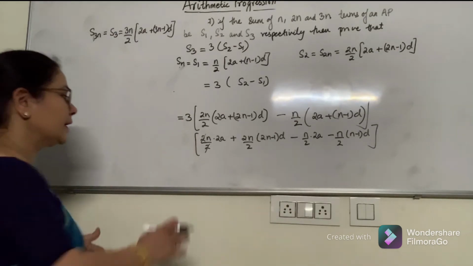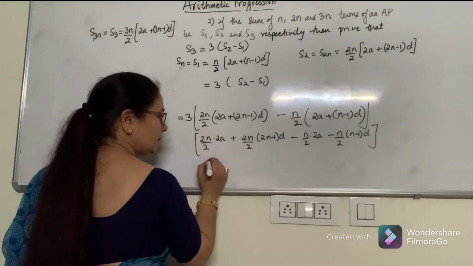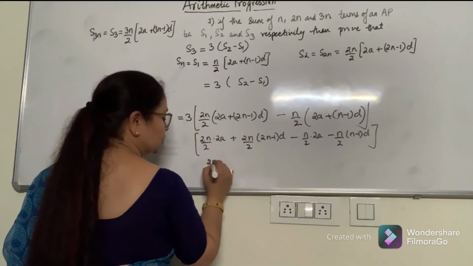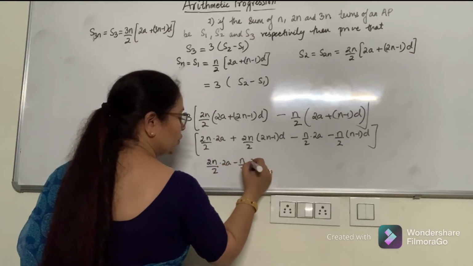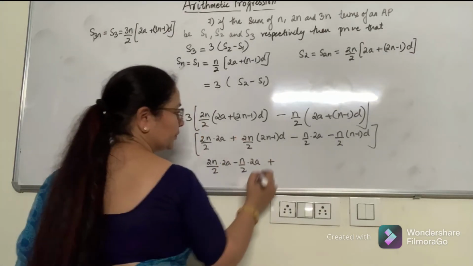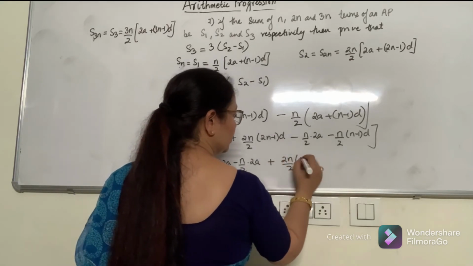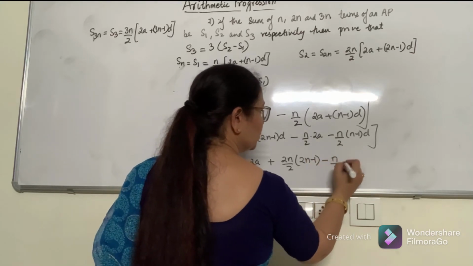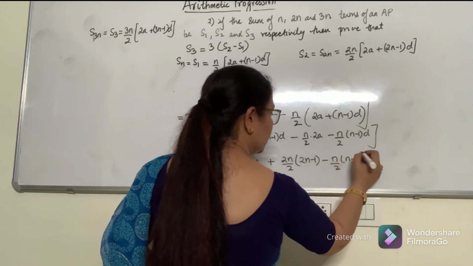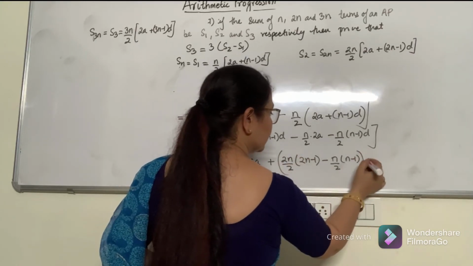Or if I don't cancel also, I can write it like this: 2n by 2 2a minus n by 2 dot 2a plus 2n by 2 2n minus 1 minus n by 2 n minus 1, and then I can put all of this in a bracket again, and this is common d.